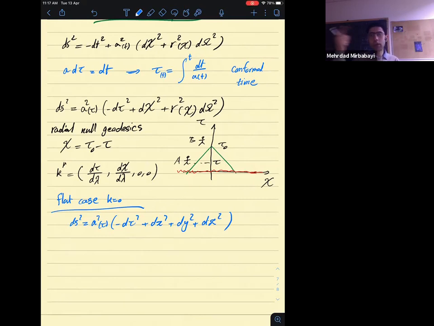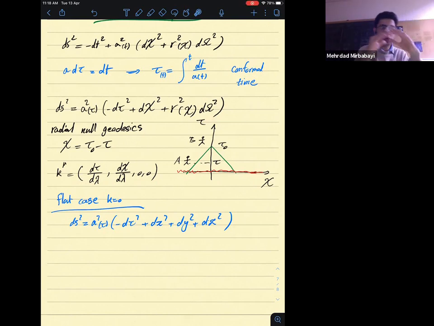Now we could choose, for instance, this geodesic to be sent along the x direction. Since we have isotropy, if I send it along the x direction, it always propagates along the x direction. Similarly here, if I send it in the radial direction with some fixed choice of the angular variables, those angular variables remain the same just because of the isotropy.